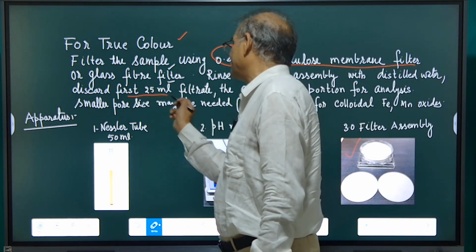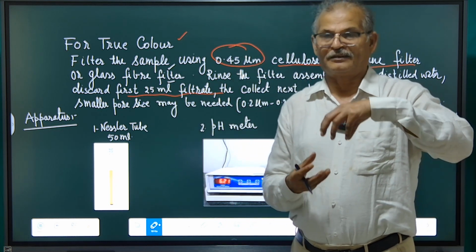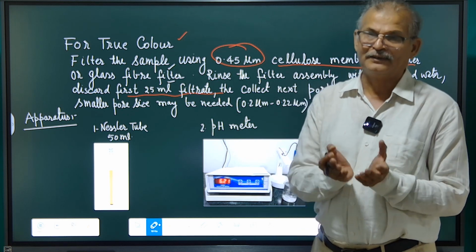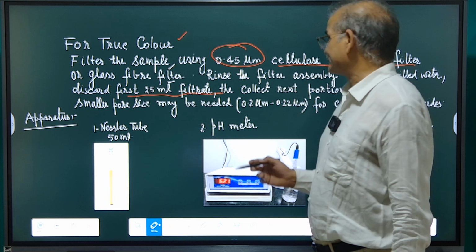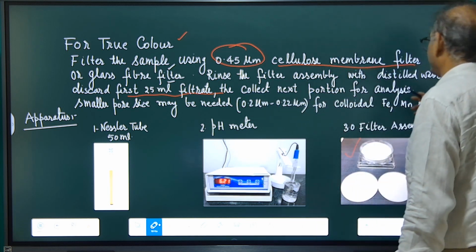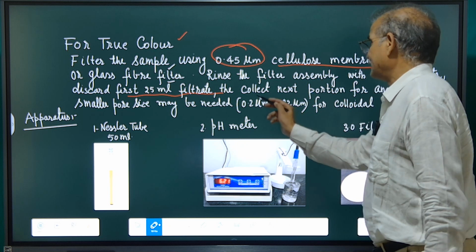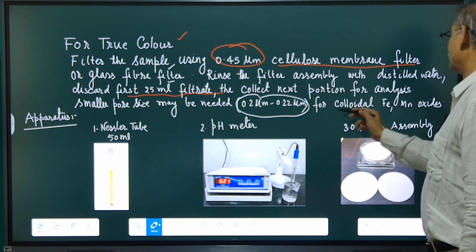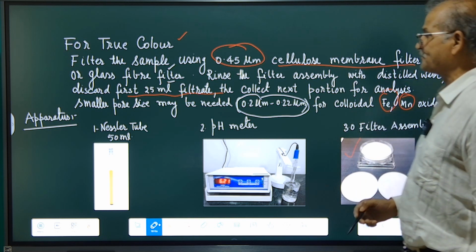Discard the first 25 ml of filtrate. Then we continue with the filtration, and the next portion should be collected for the analysis. A smaller pore size, 0.2 to 0.22 micrometer, may be needed for colloidal iron and manganese oxides.